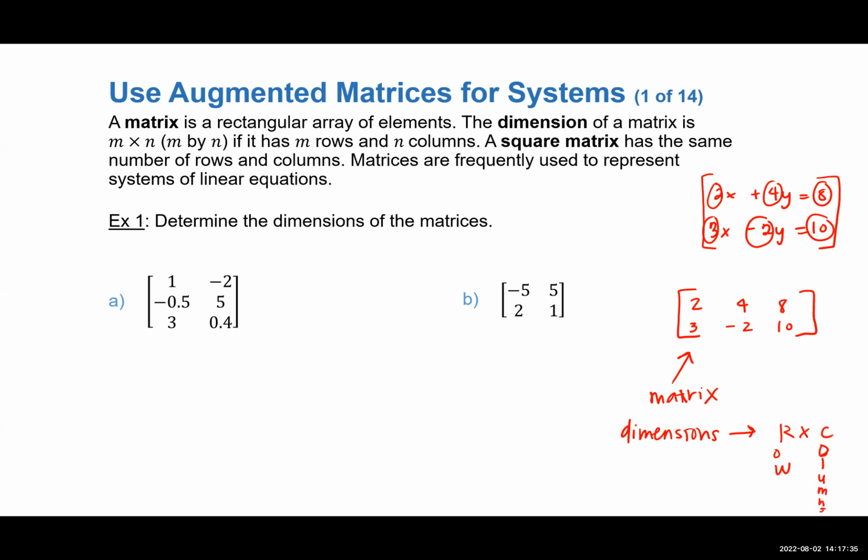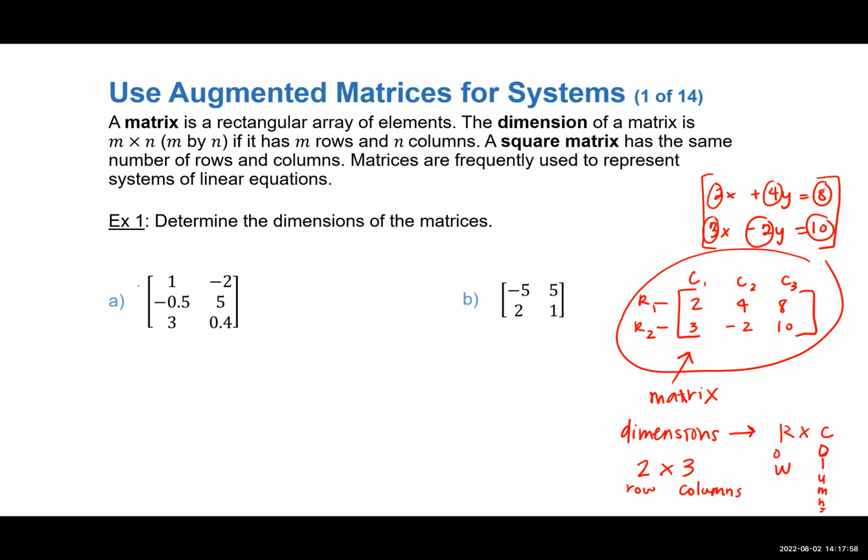Okay. So there are 2 rows, row 1, row 2, and there are 3 columns, column 1, 2, and column 3. So the dimension of this will be a 2 by 3. 2 rows, 3 columns. That's just fundamentals of understanding matrices.